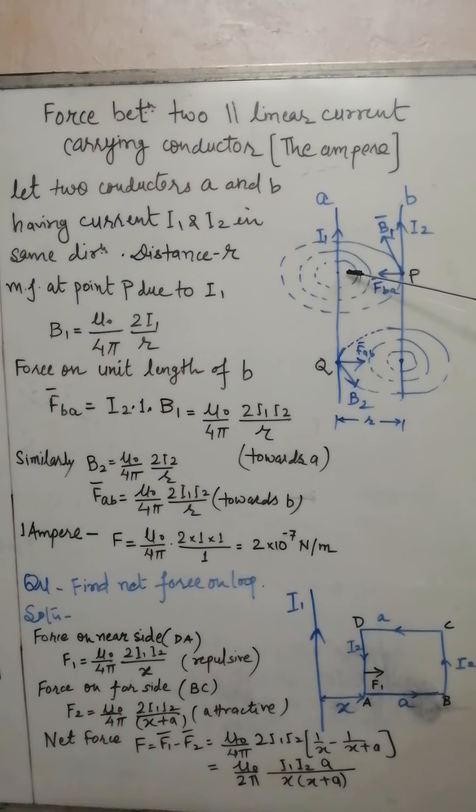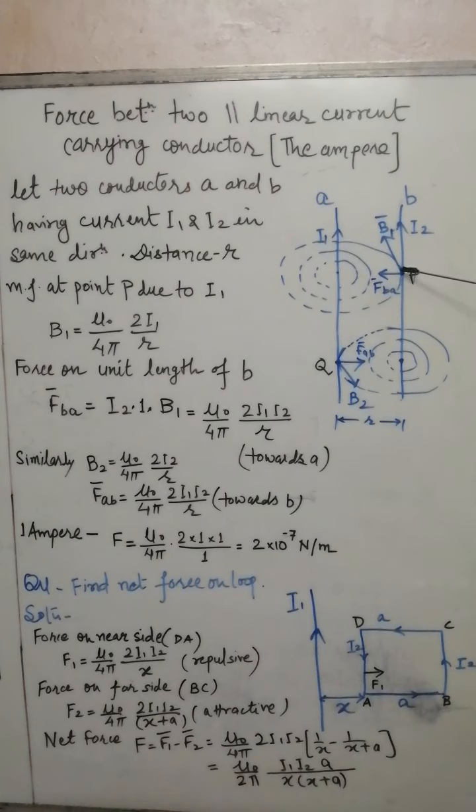If we talk about this point P, if your right thumb is in the upward direction, the magnetic field will be anti-clockwise. So at this point the magnetic field will be inward, into the paper, and it is denoted like this.